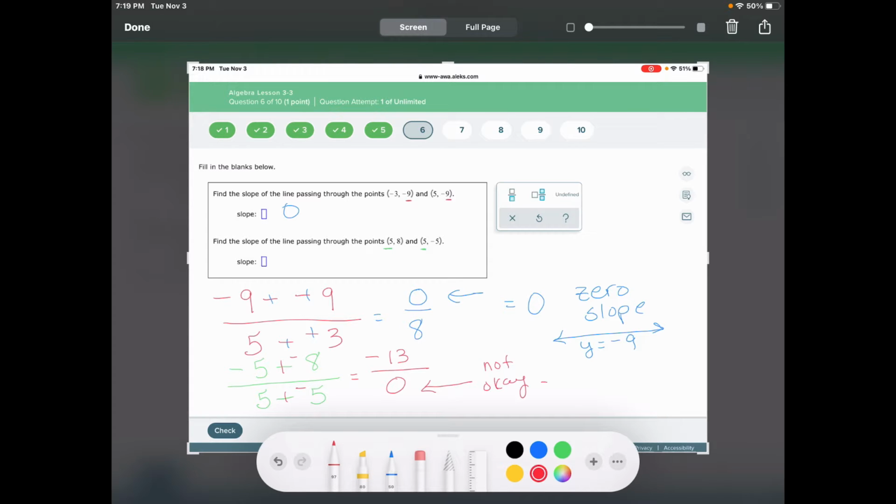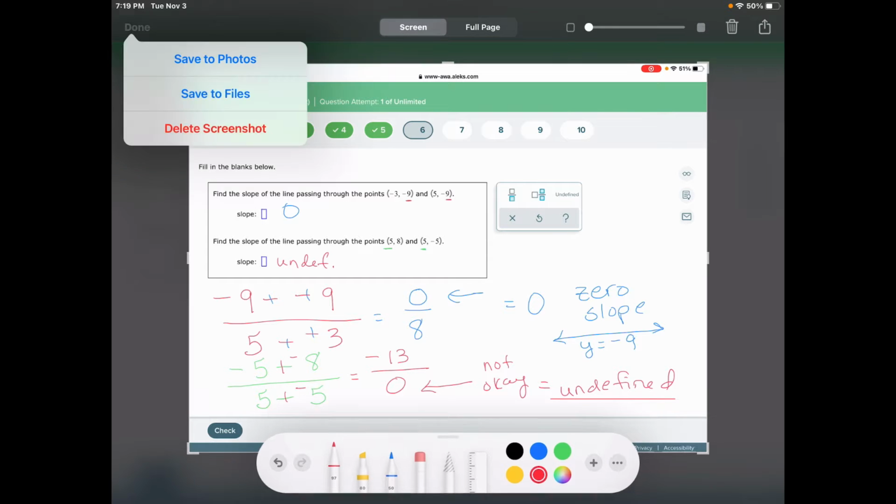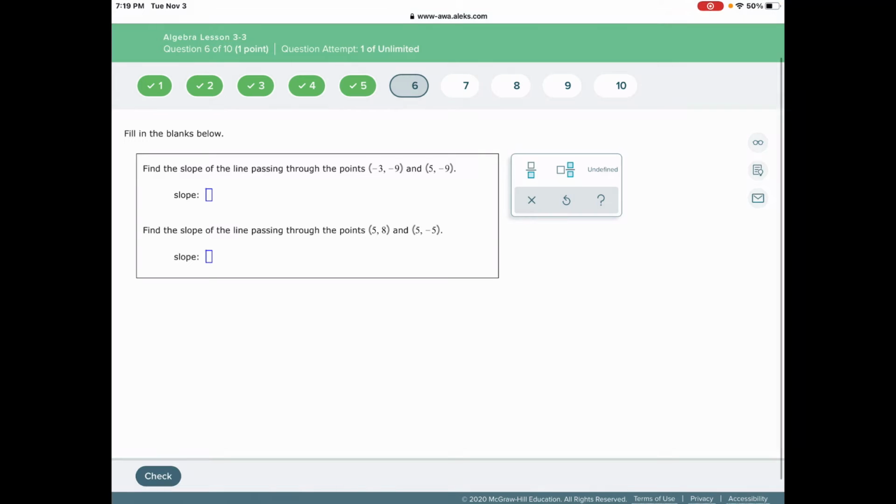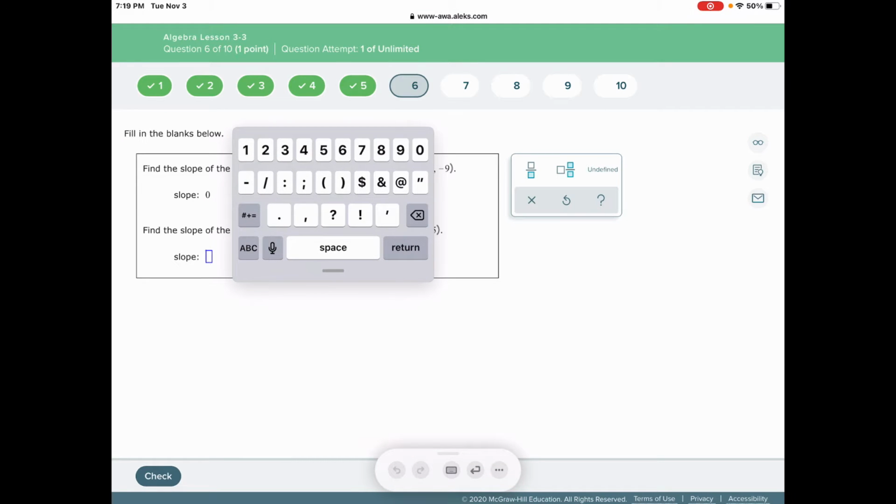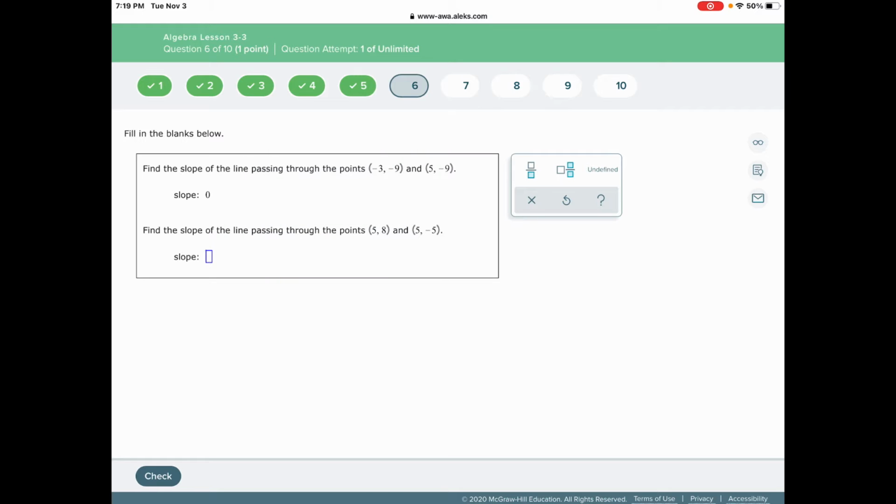It is undefined. So that's what we're going to write here. Okay. 0 on the top. And here, we're going to pick undefined.